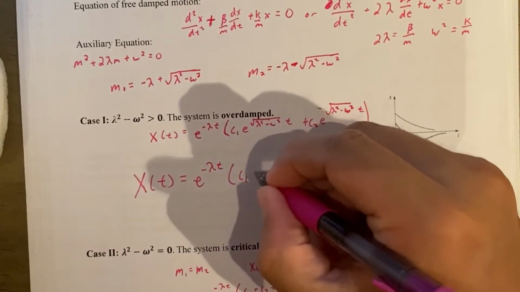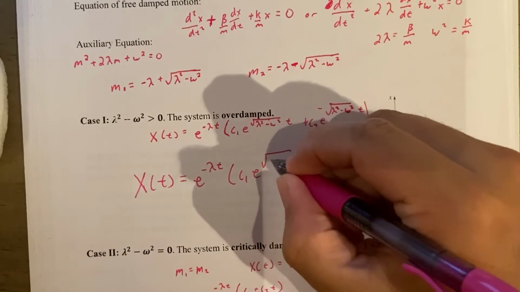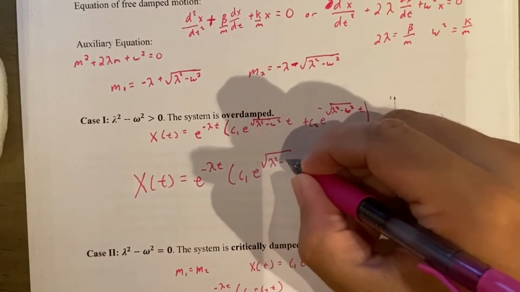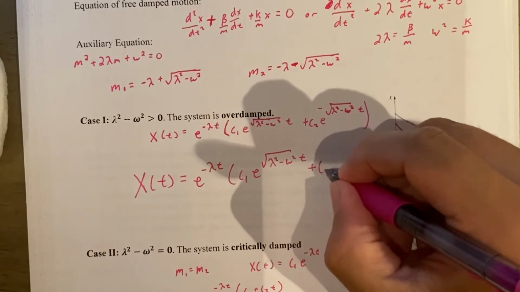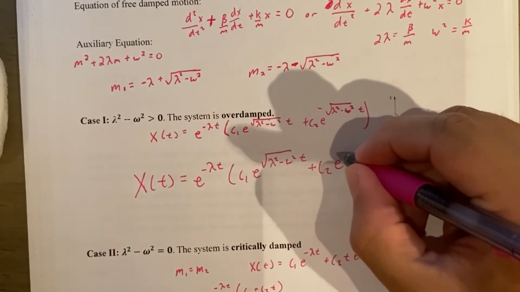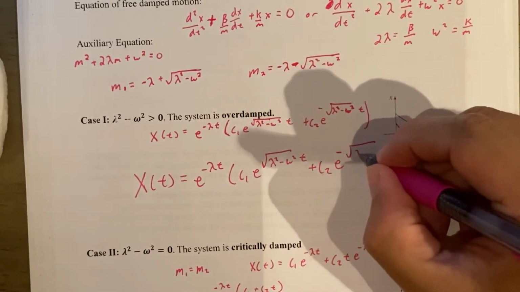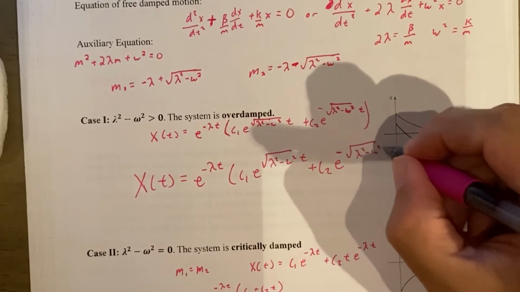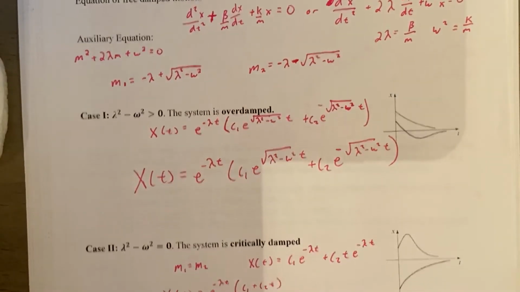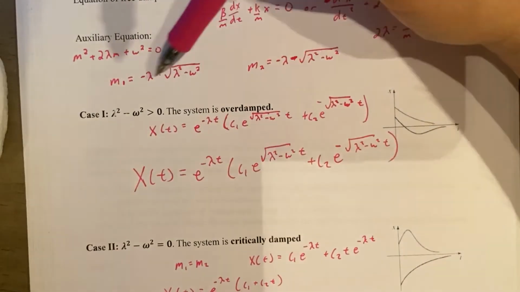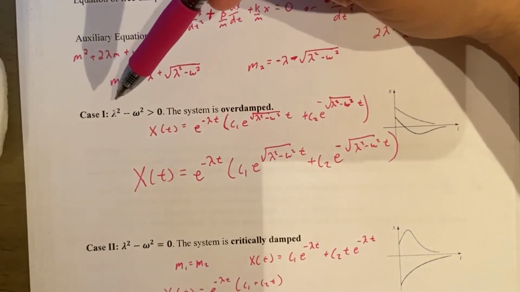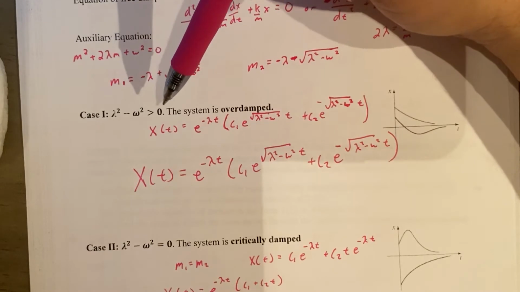Times c sub 1 e to the square root of lambda squared minus omega squared t plus c sub 2 e to the negative square root of lambda squared minus omega squared t. And that would be our solution when lambda squared minus omega squared is greater than 0.